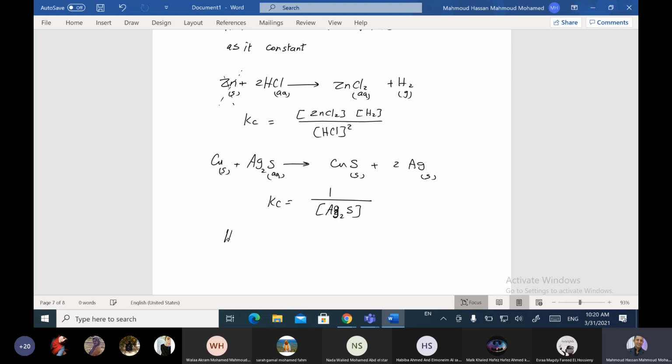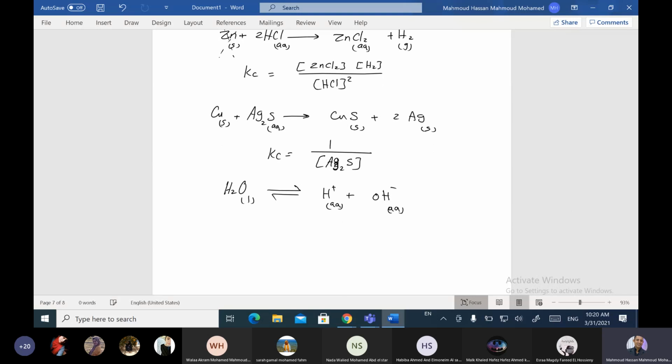When I have the water, the liquid, and the ionization of the water gives us H positive plus OH negative, to calculate the Kc, in this case it will be only the concentration of the product divided by 1, neglecting the effect of the liquid water.